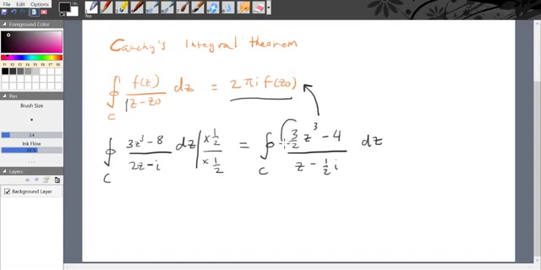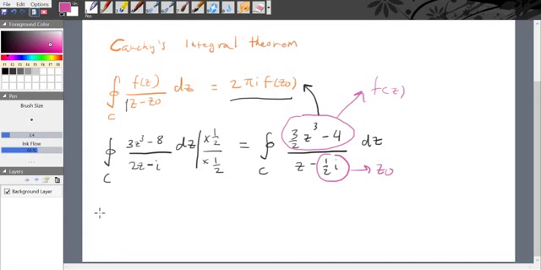This part, which hasn't changed, is f(z), and this part is z naught.